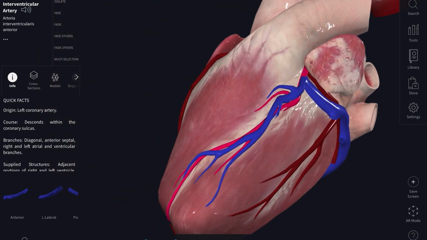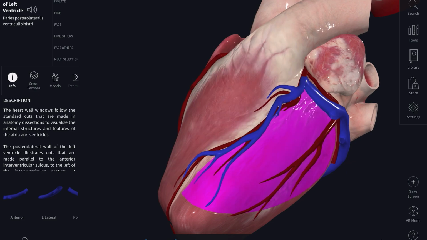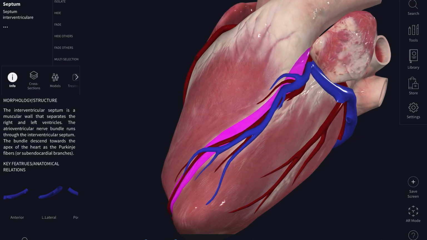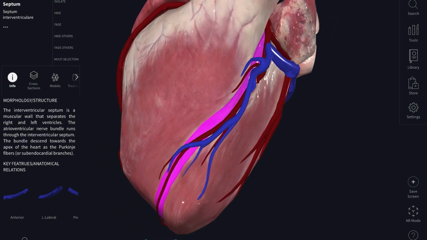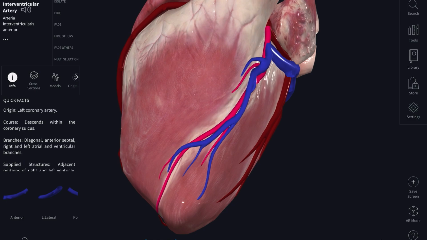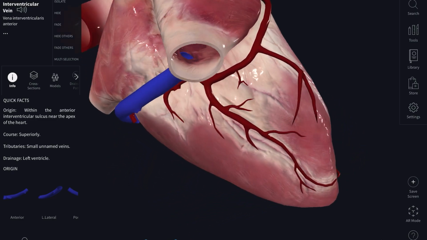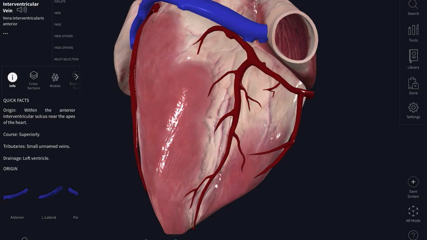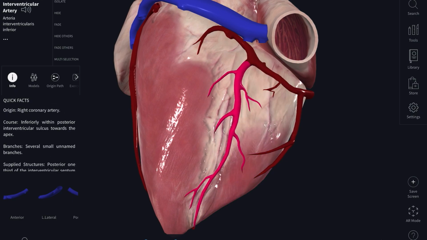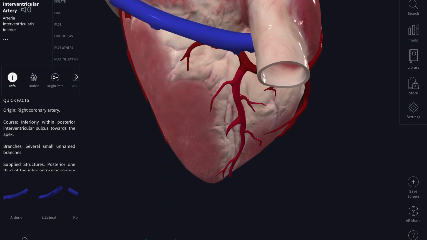That wall that divides the right and left ventricles is the interventricular septum. You're going to have the anterior interventricular artery, and then a vein that sits right on top of that. If we rotate this back, where we see that septum coming all the way down, we'll also have another artery and vein, but this is the inferior, or some people even call it the posterior, interventricular artery and vein.